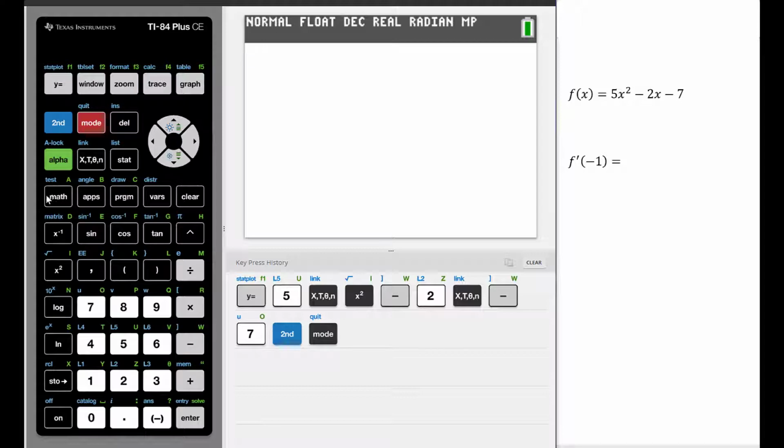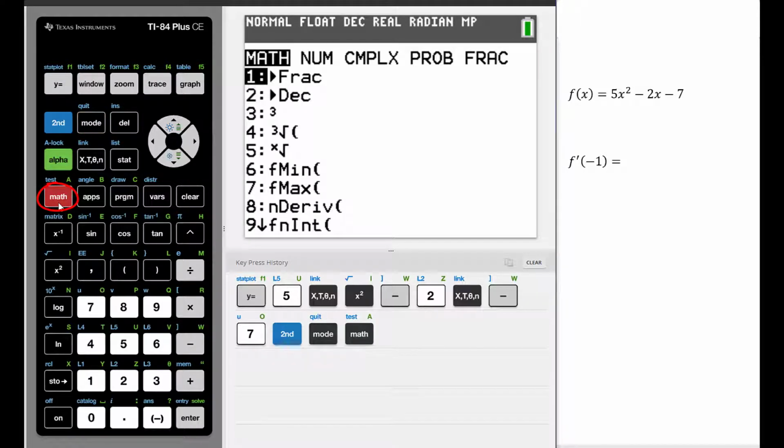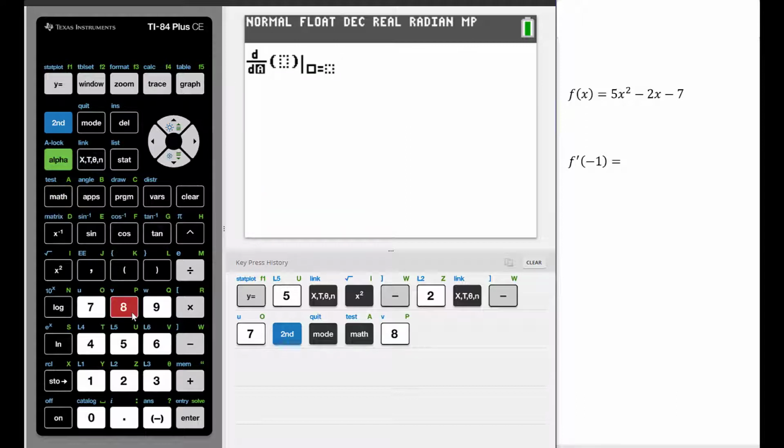We will now click on the Math button, and we're going to either scroll down to number 8 or press number 8 on your number keypad for nDeriv, or numerical derivative.